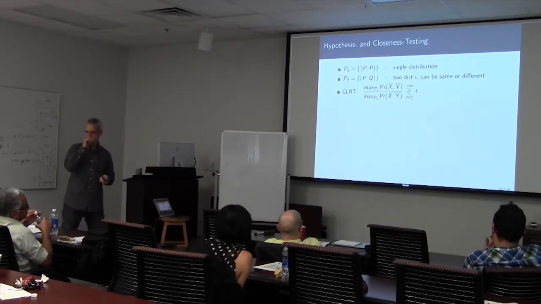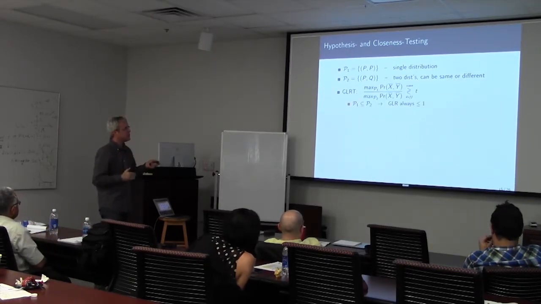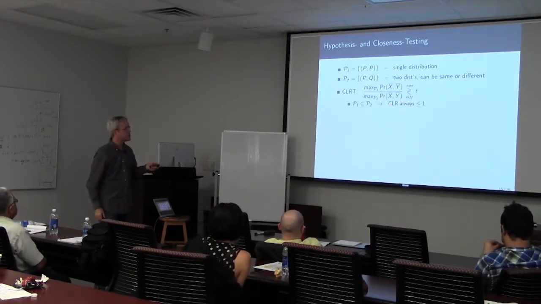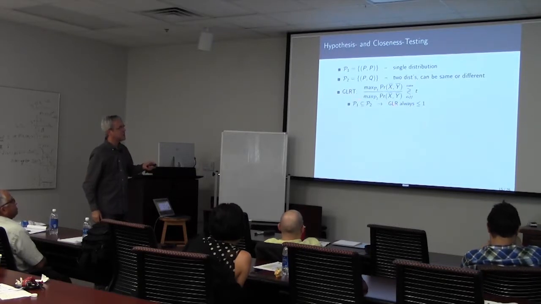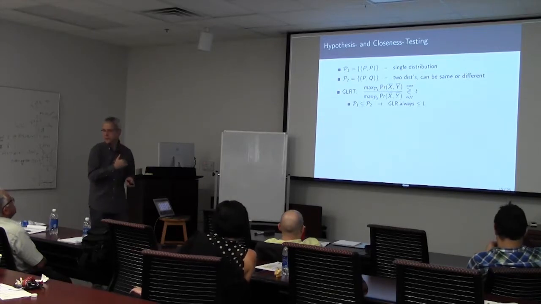Okay, but in this case, you probably observed, P1 is a subset of P2, so this maximization will always be larger. The denominator will always be larger, so this likelihood ratio will always be less than or equal to 1. That means just that the threshold will be some number less than 1.